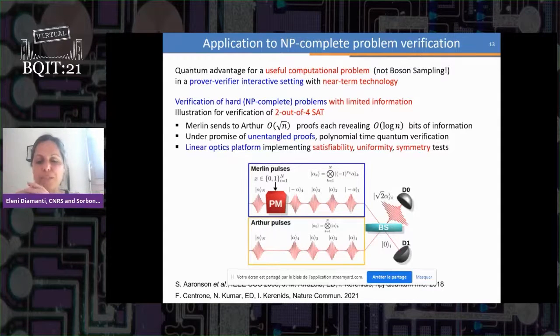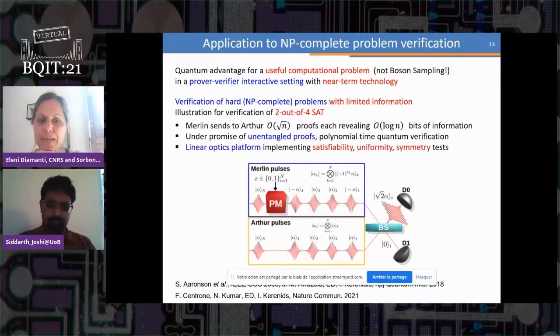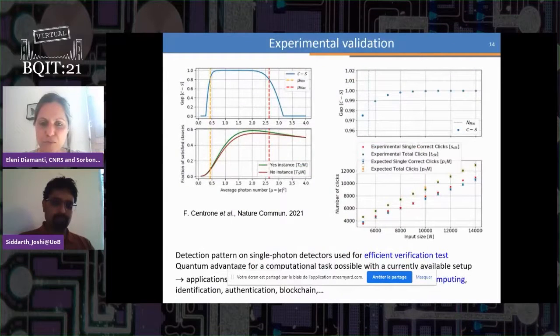And then Arthur is a simple photonic client, and we wish Merlin to perform this calculation, but Merlin does not want to reveal all the solution because of proprietary issues, for example. So this is a type of application one can think of in client-server cloud computing, and in all other applications where we have access to limited knowledge proofs.